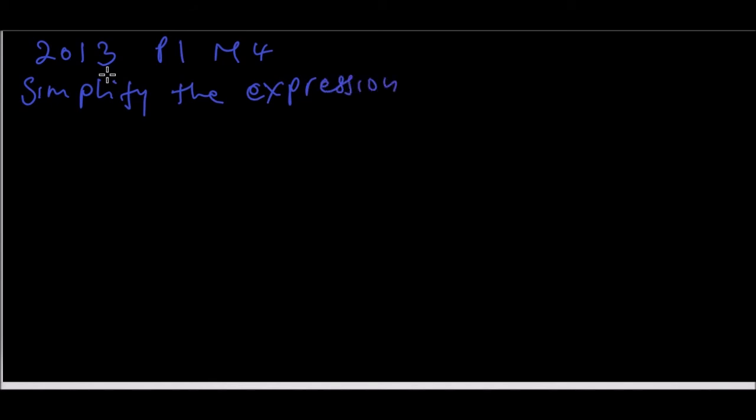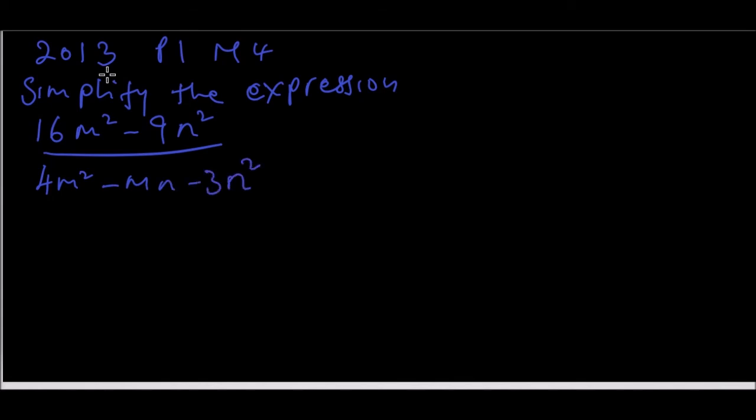So we are given 16m squared minus 9n squared, you divide by 4m squared minus mn minus 3n squared.